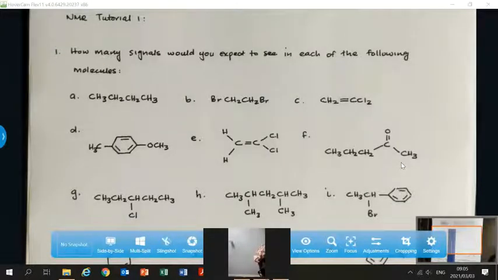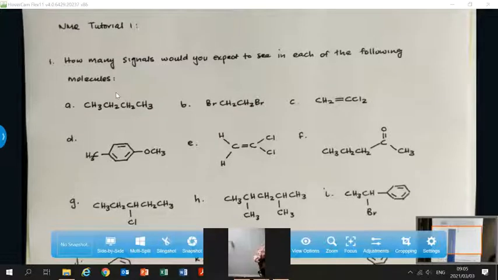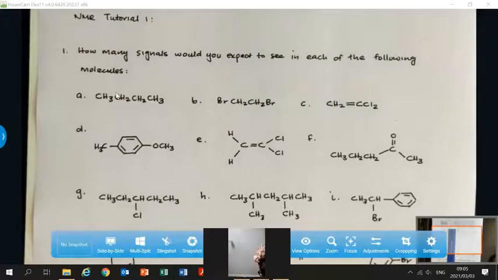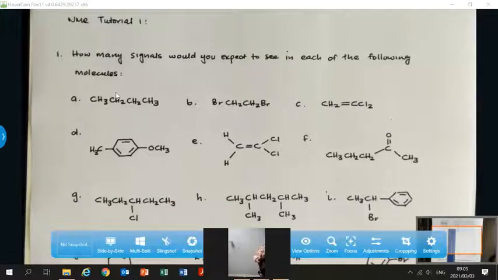So what I'm going to do now is look at these problems in your tutorial and try to determine firstly if there's chemical equivalence in any of the molecules, and I bet you there are, because we designed it such that there are instances of chemical equivalence here, to see if we can pick them out and then see how that will affect the NMR spectrum.